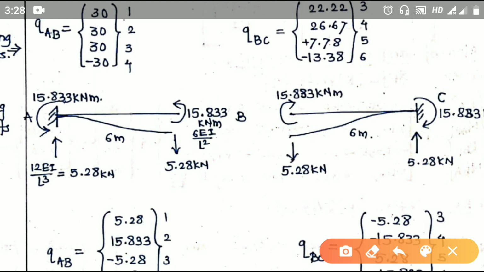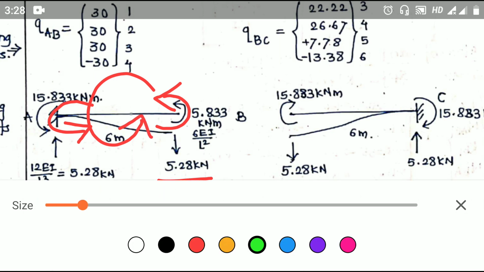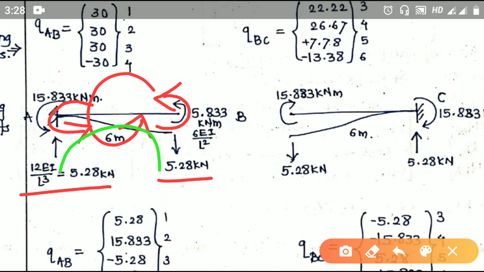Now after that, calculate the reactions. See here how these two reactions are calculated. At this beam there is only moment, right? This 6 EI upon L square and this 6 EI upon L square, the net effect is in an anti-clockwise direction. To balance this, the reaction should form a clockwise couple.